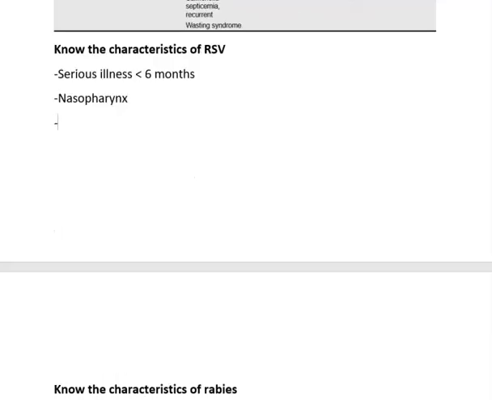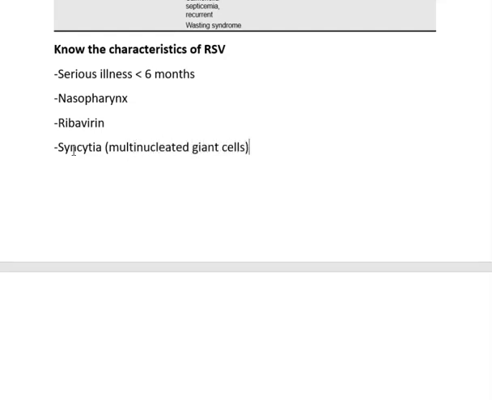We can treat it with the antiviral ribavirin, and it gets its name because it forms these things called syncytia, which are multinucleated giant cells. And what happens is RSV causes infected cells to fuse together to form these giant cells, or syncytia. And the problem with that is that they lose their ability to function normally.